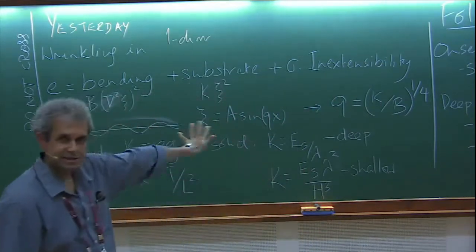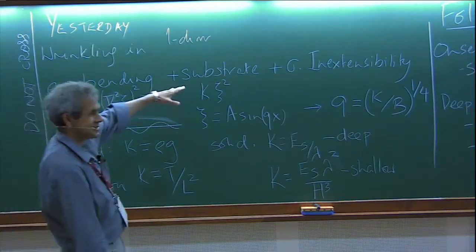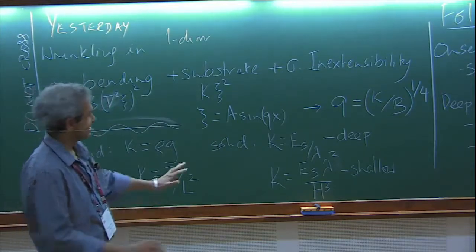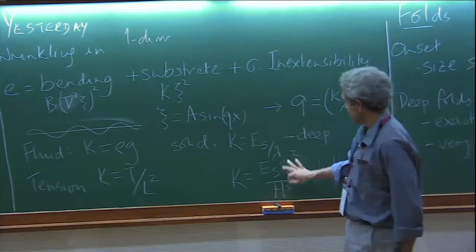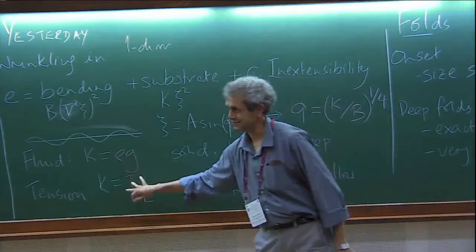You could have done this by dimensional analysis and got the right answer. Yeah? And then I was following this paper that pointed out that once you have the answer for one kind of substrate, it's easy to export the answer to other kinds of substrates. So we talked about that a little bit. And this is a little bit less clear than this stuff.